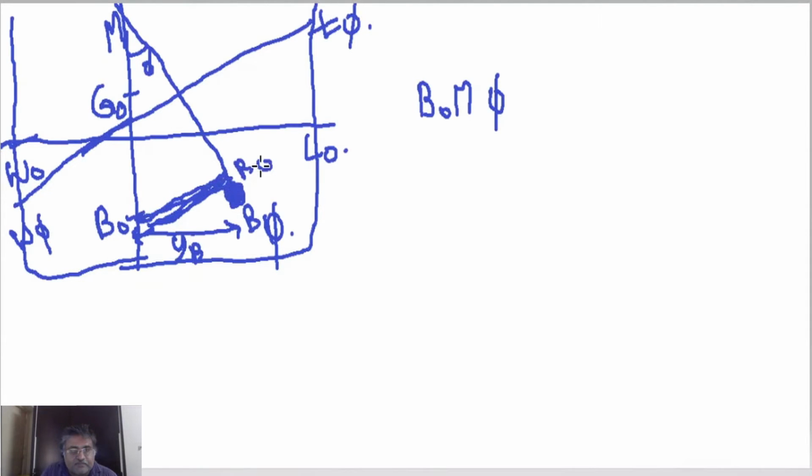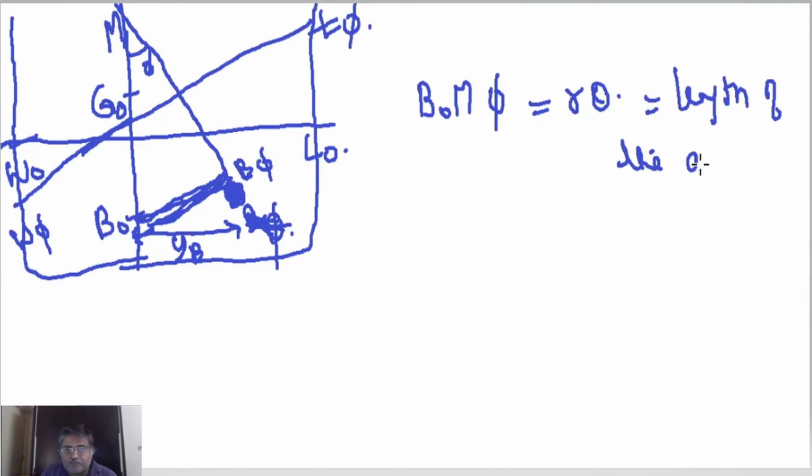This is B phi. So B0M phi is actually R theta. R theta is equal to the length of the arc, the length of B0 B phi. It is the length of this arc.